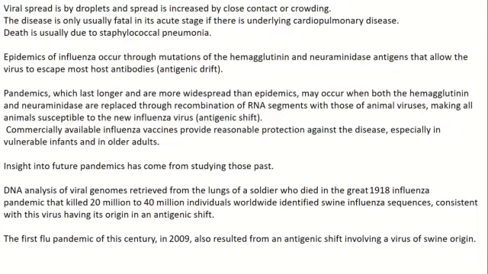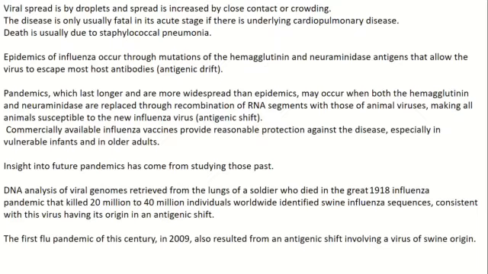Pandemics, which last longer and are more widespread than epidemics, may occur when both the hemagglutinin and neuraminidase are replaced through recombination of RNA segments with those of animal viruses, making all animals susceptible to the new influenza virus.